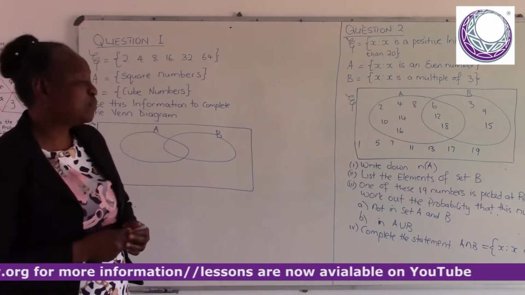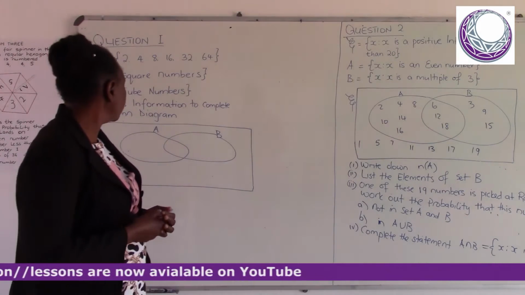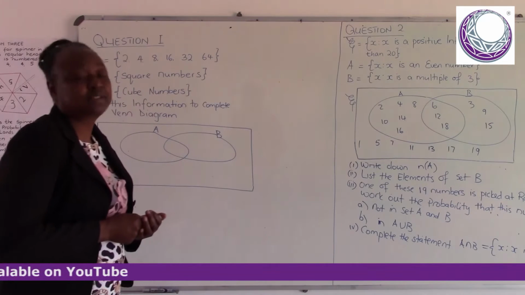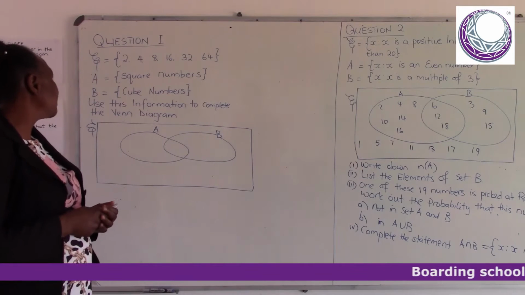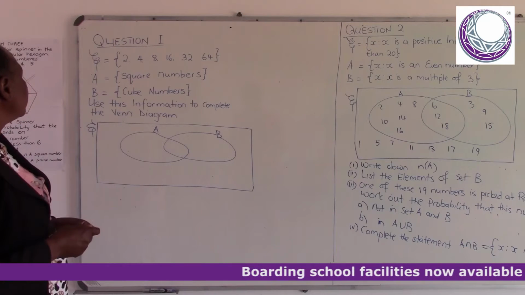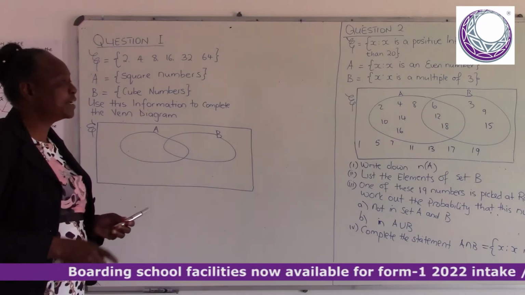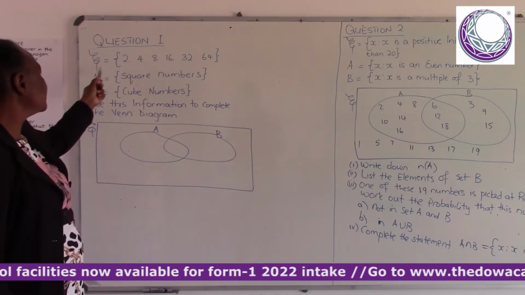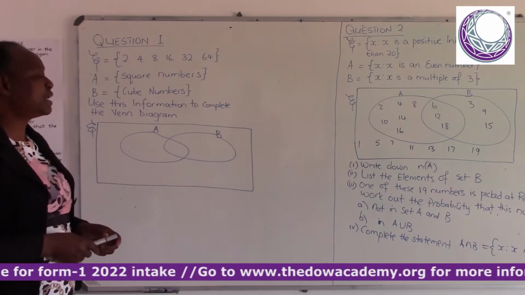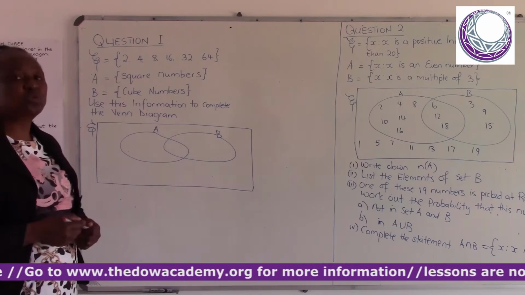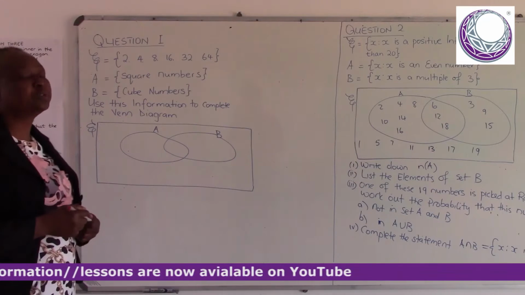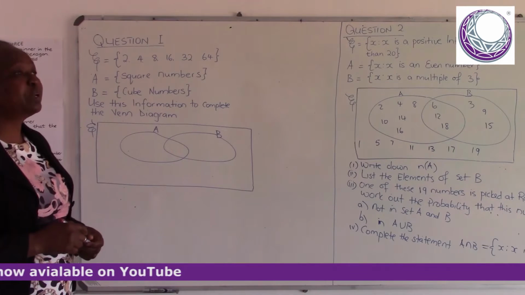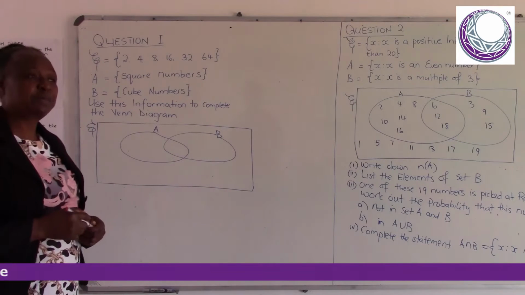Some of them belong to more than one class of numbers. Some of them is just one class, but this is where it is very, very important. So my set A is a set of square numbers. Square numbers, a result of multiplying a number by itself twice. And my set B is a set of cube numbers, a result of multiplying a number by itself 3 times.